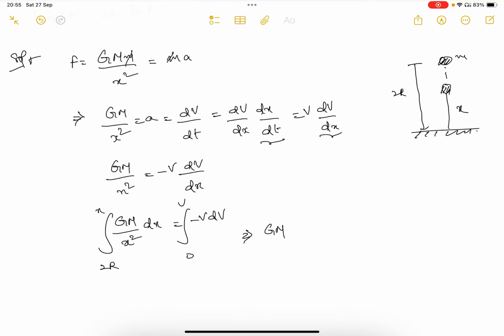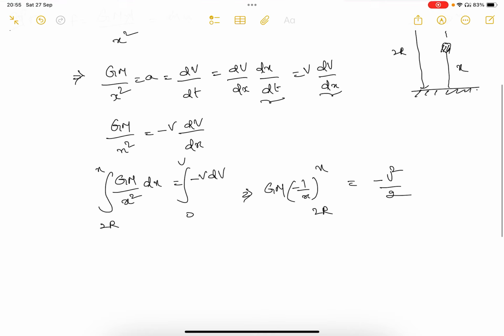The integral of 1 by x square is x to the power minus 2 plus 1, so it will be minus 1 by x, with limits 2r to x, which equals minus v square by 2. Then minus GM into 1 by x minus 1 by 2r equals minus v square by 2.